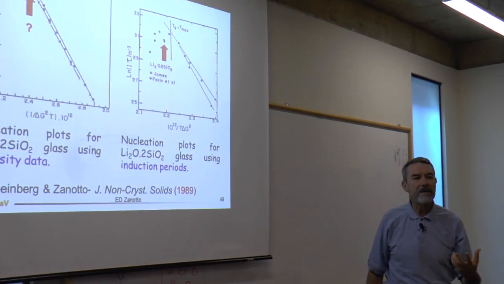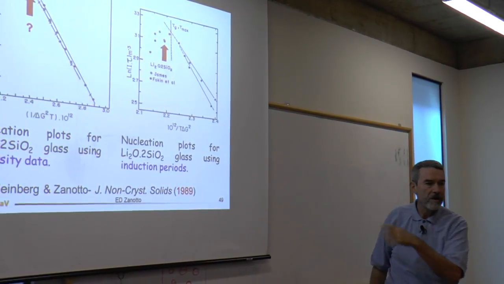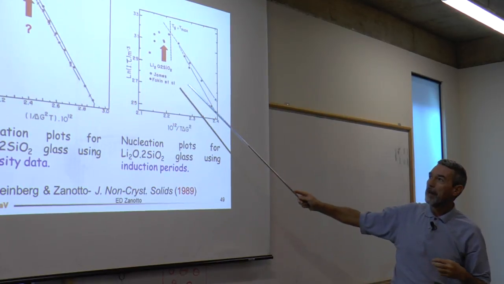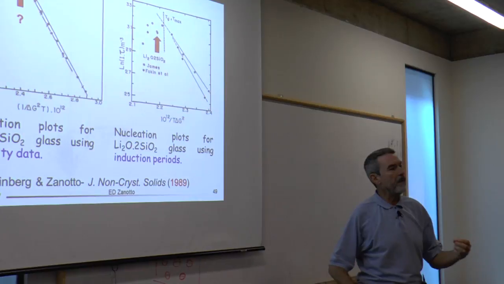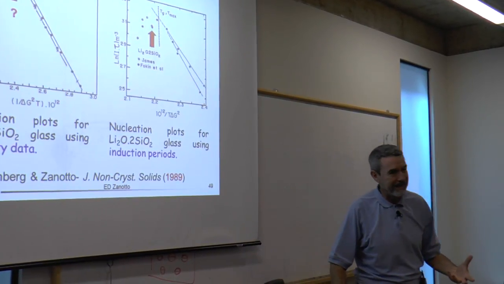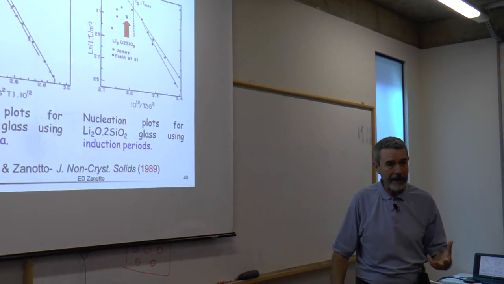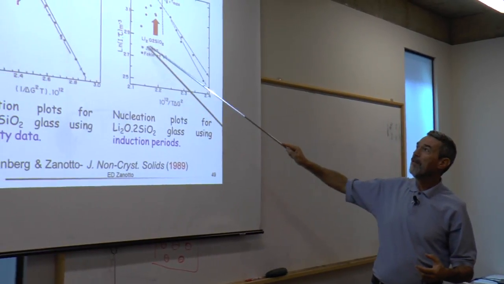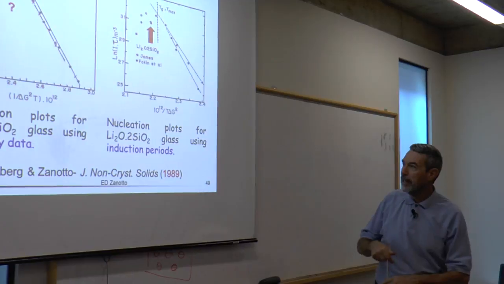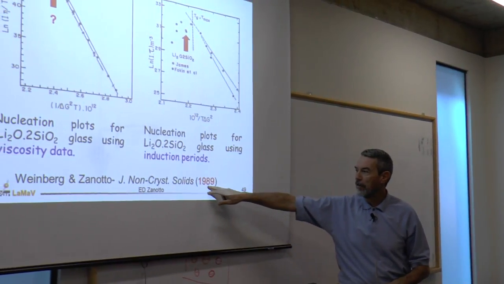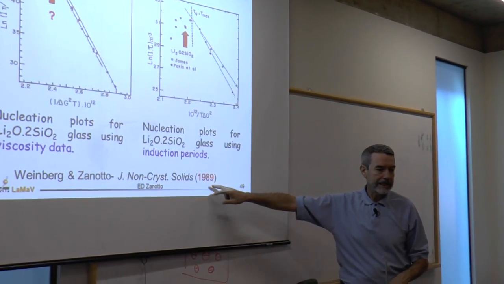Even without looking at the numbers, just looking at the figure, you see that this procedure, which seems to be theoretically more correct, gives an even worse agreement with theory. This is years ago, 1989.